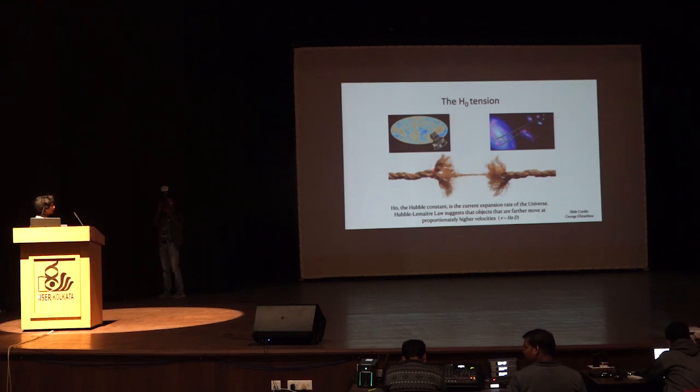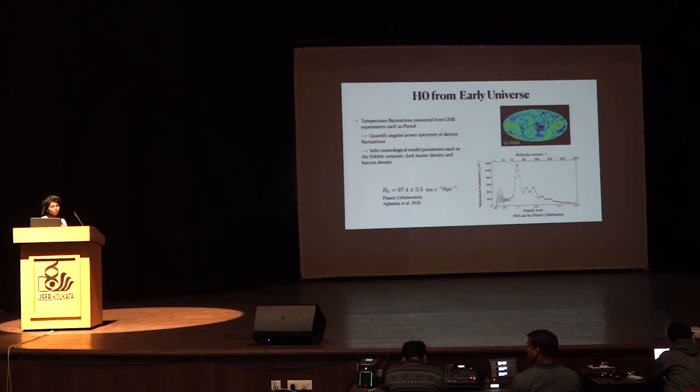H0 is the Hubble constant, which is the current expansion rate of the universe, and this tension mainly exists from the experiments from the early universe like CMB and the late universe like cosmic distance ladder. So we measure the temperature fluctuations which are imprinted in the cosmic microwave background arising from the density fluctuations underneath.